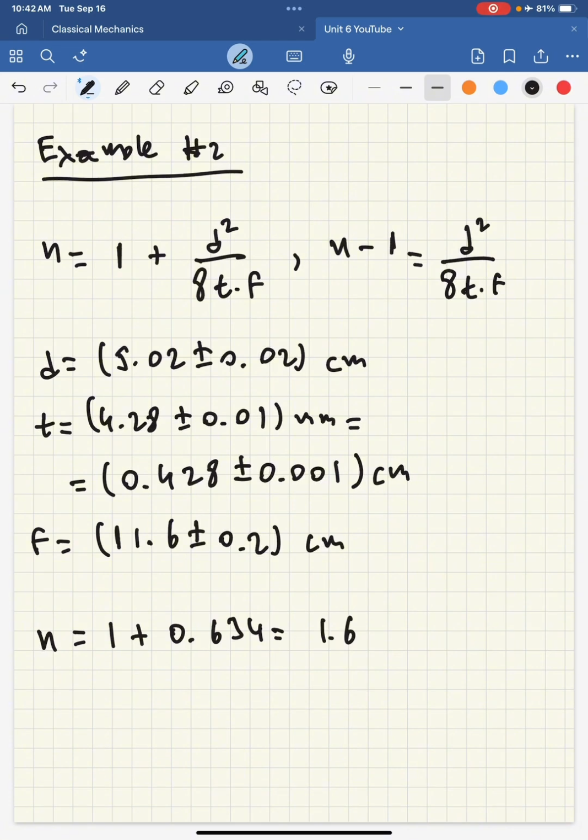So we have 1.63, so I'm pretty sure that this must be an index of refraction. To find this, you just take this squared and then divide by 8 times t times f. And we probably have to find the percentage uncertainty in n. So the task is to find the percentage uncertainty in n.